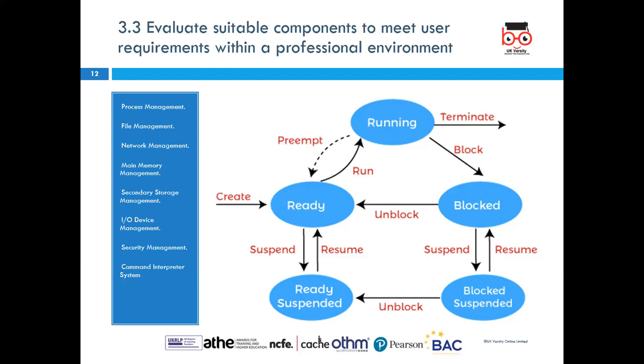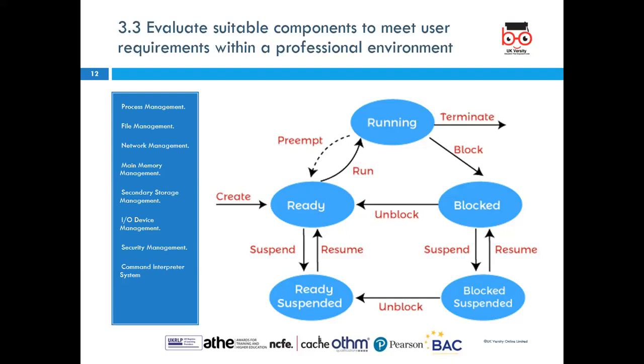So some of them could be related to file management, so the ability for us to manage file data within the organization. Then we have network management, so this will be something related to fundamentals of network engineering.